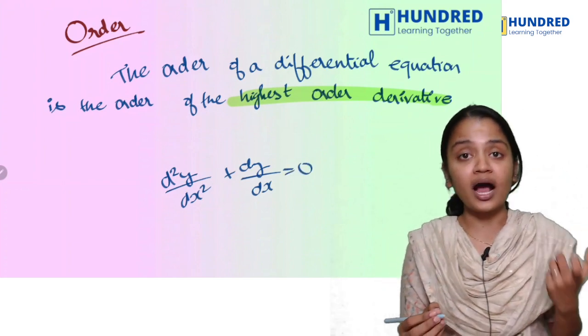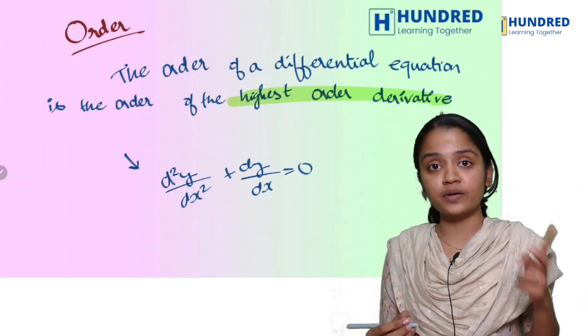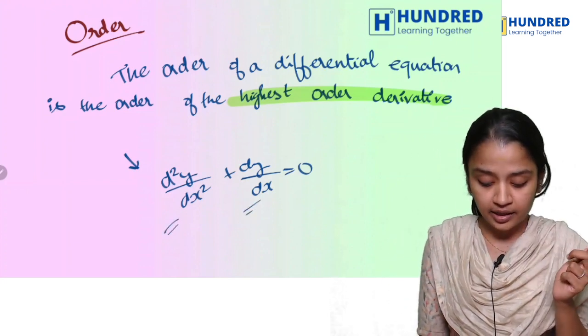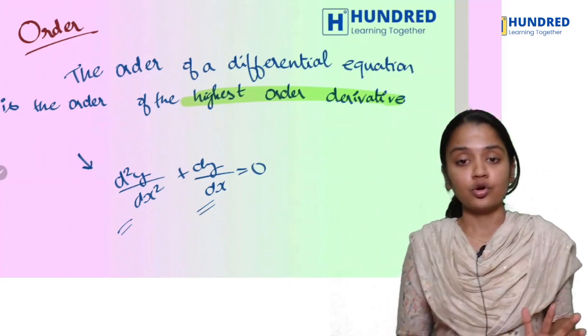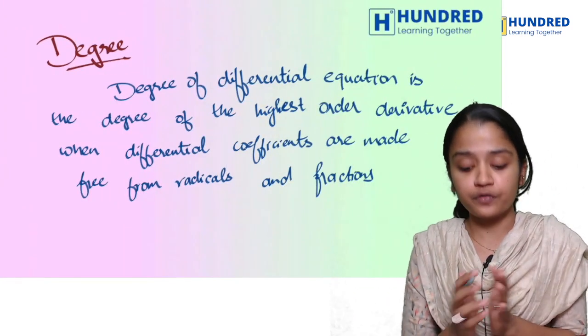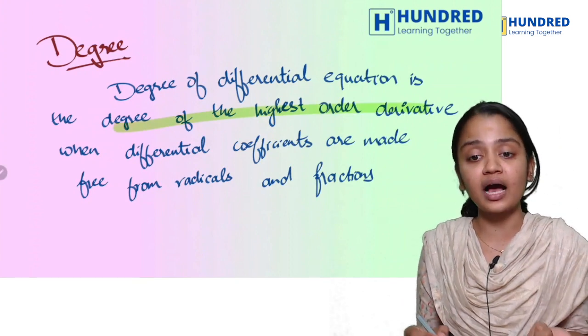Here the highest order derivative is 2, because this is second order and this is first order. Among these, the highest order is 2.